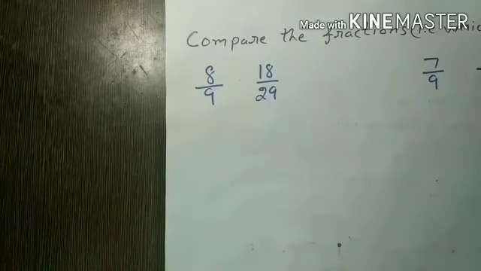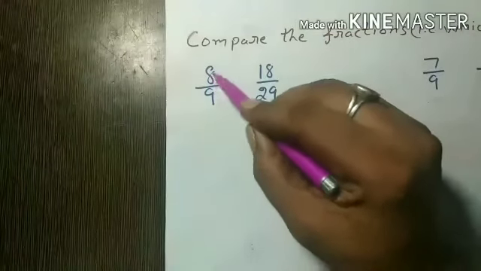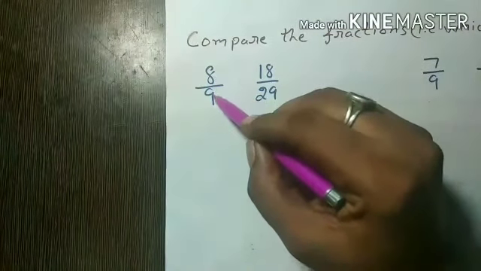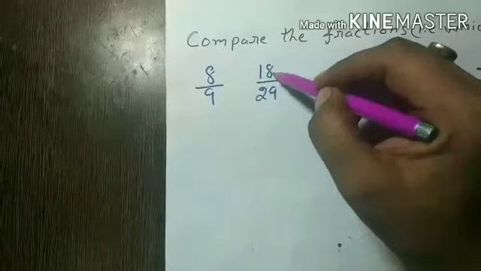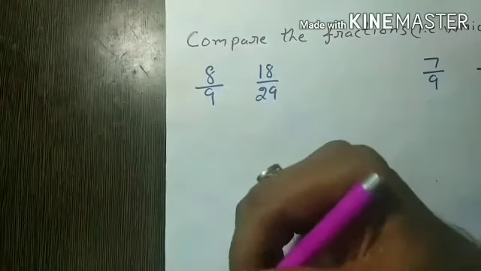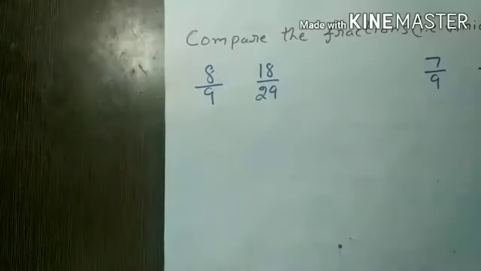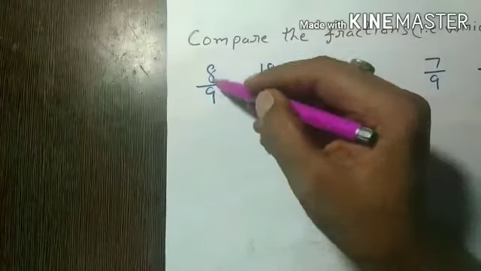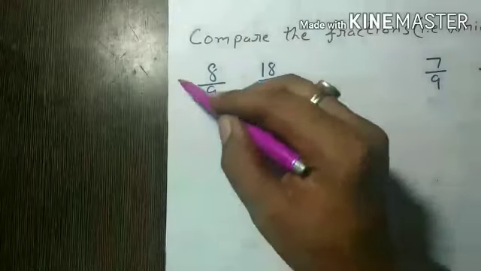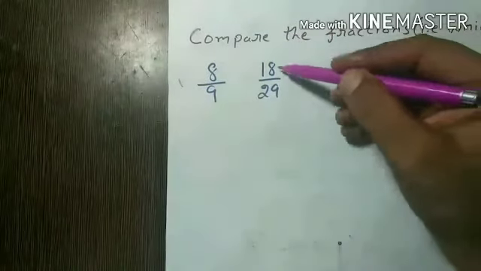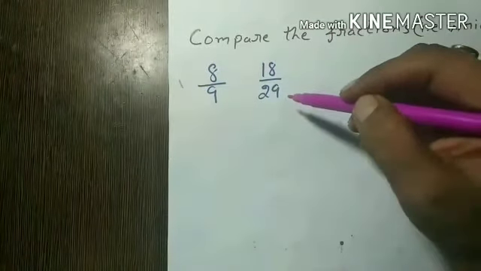You got my point? Listen, 8 and 9. 8 is numerator and 9 is denominator. 18 is numerator and 29 is denominator. Okay. Now both are proper fractions. Now what is the difference between 9 and 8? 1. Okay. And what is the difference between 18 and 29?